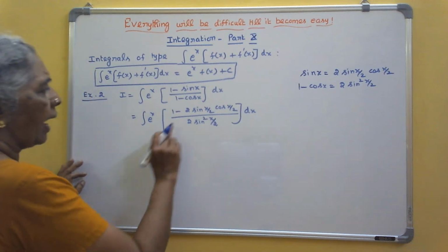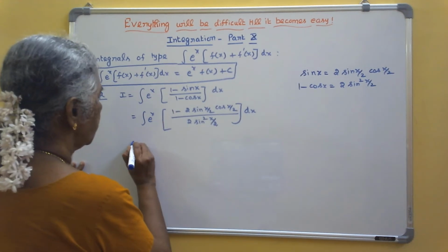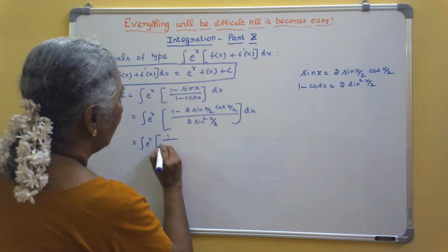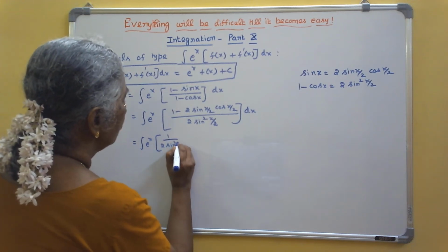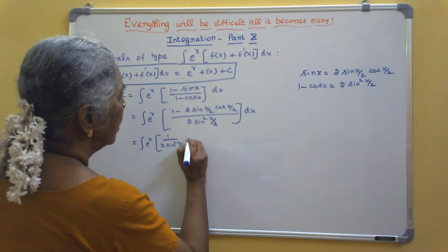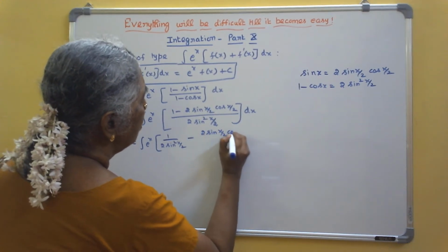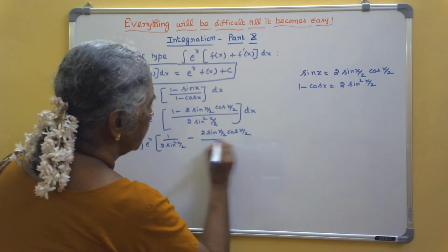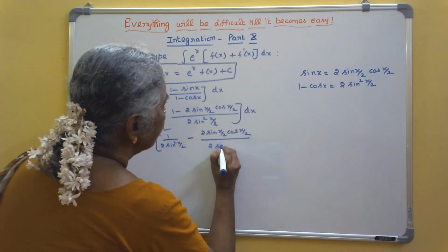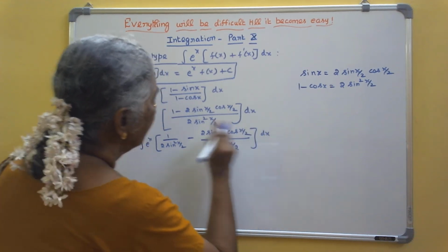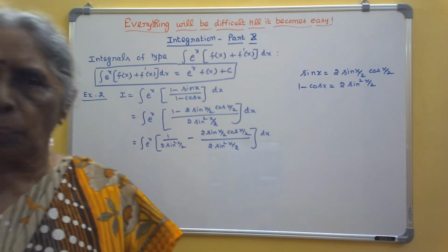Then I am going to write this as two parts, that is e power x into (1 by 2 sin squared x by 2) minus (2 sin x by 2 cos x by 2 by 2 sin squared x by 2) dx. I am just writing them as two parts.